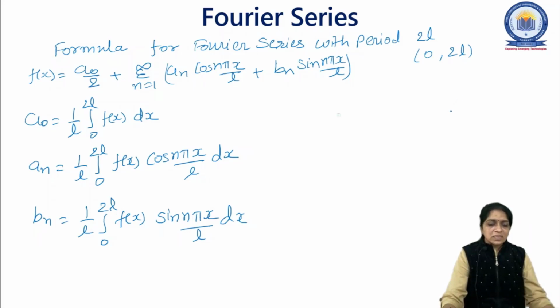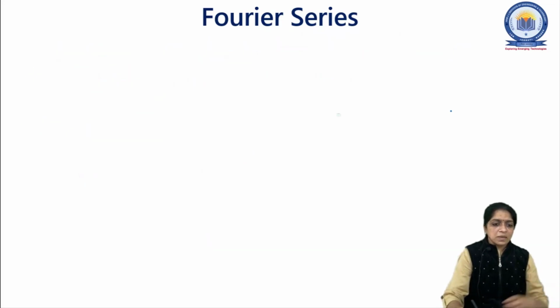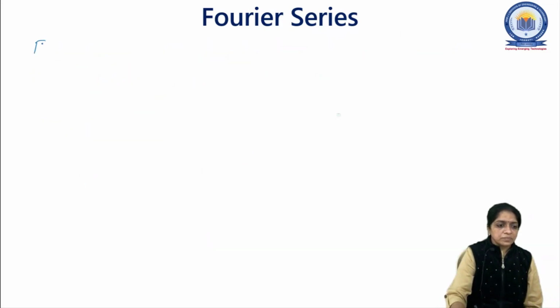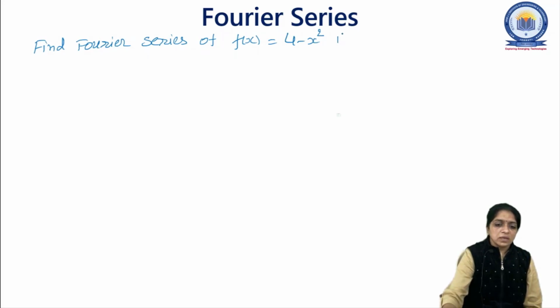So let's start the example for better understanding. Find the Fourier series of f(x) equal to 4 minus x square in the interval 0 to 2.